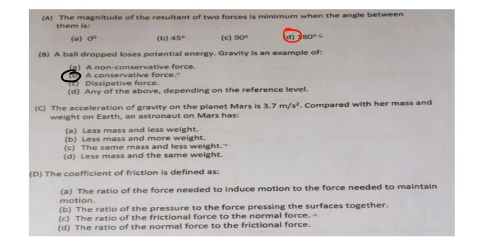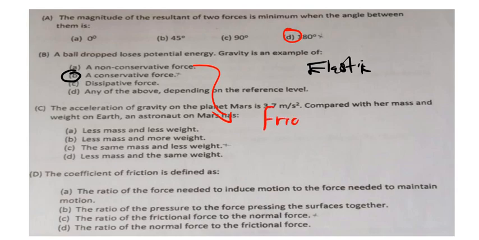Other conservative forces that we have are elastic forces, like maybe from a spring. Those are conservative forces. However, there are other non-conservative forces, meaning these forces don't conserve the total amount of mechanical energy that you have. Non-conservative forces are like friction.